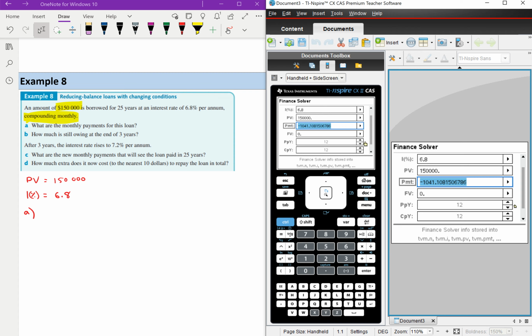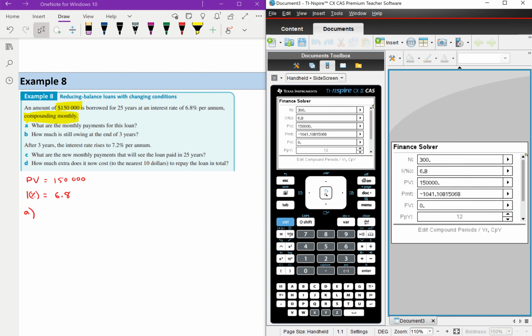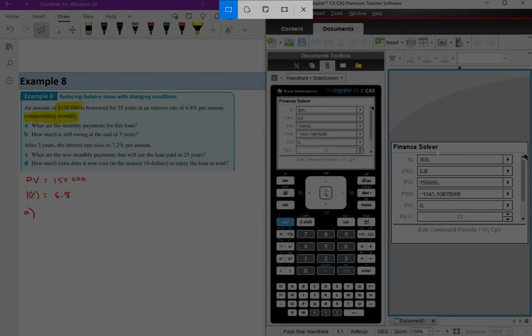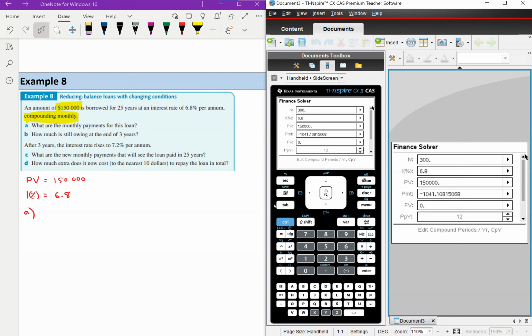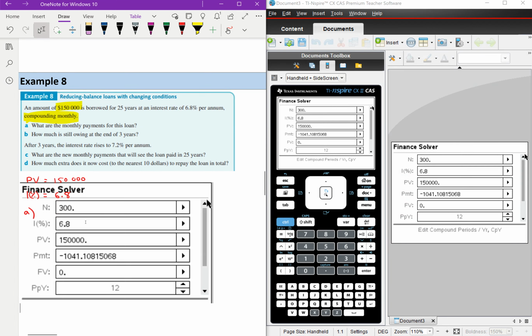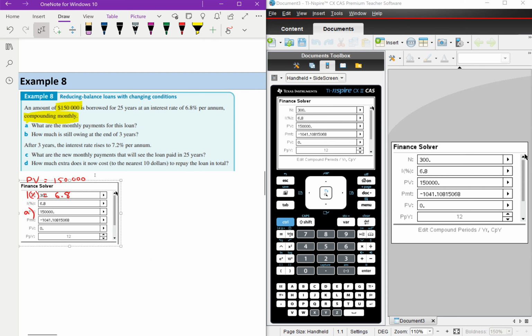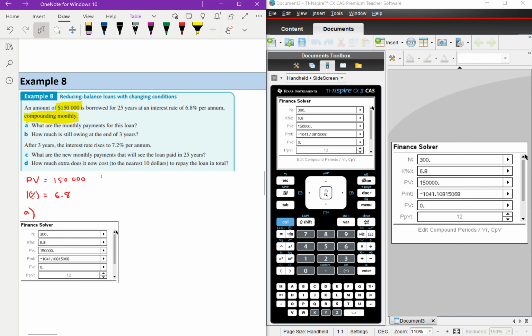I'm just going to copy, print screen this, and then I'm just going to move my cursor up. Here we go. Screenshot. And I'm just going to make this a bit smaller and maybe just shift it down a bit. There we go.